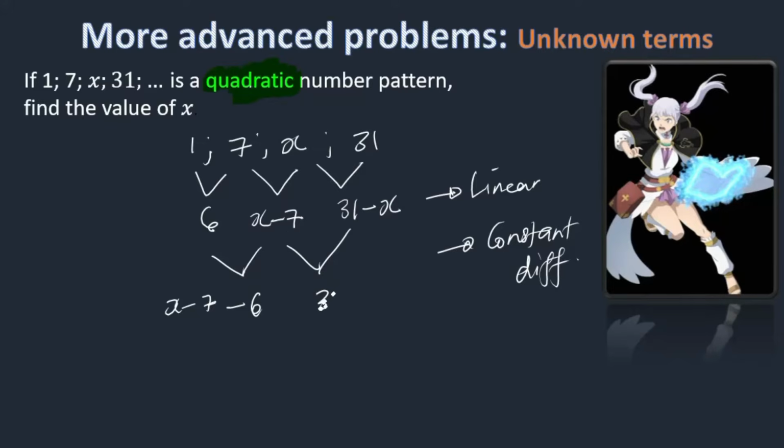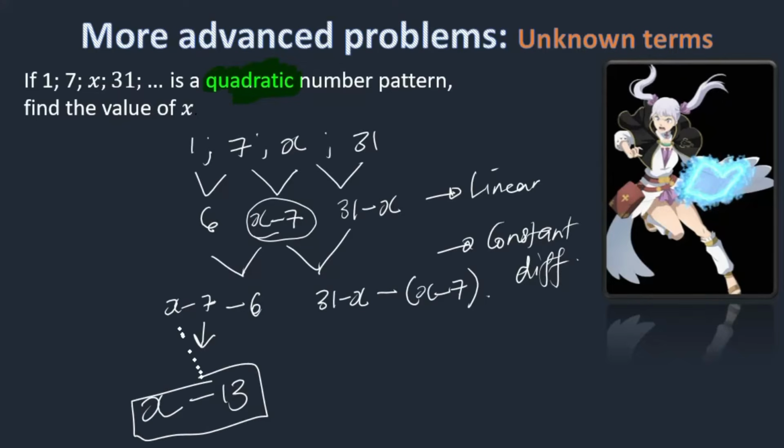So I'm going to say 31 minus x. I'm subtracting this binomial. Remember, when you subtract a binomial, you put the binomial in brackets, right? And I need to simplify this so that they look like things that make sense. x minus 7 minus 6, that is the same as x minus 13.